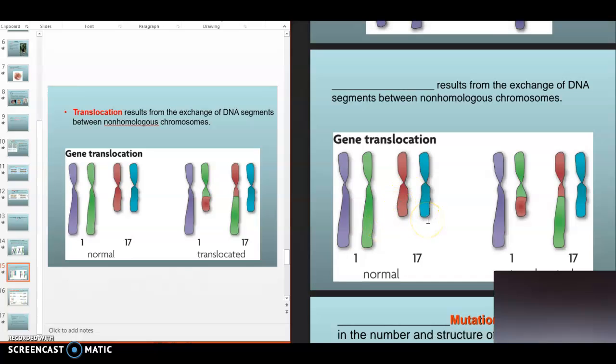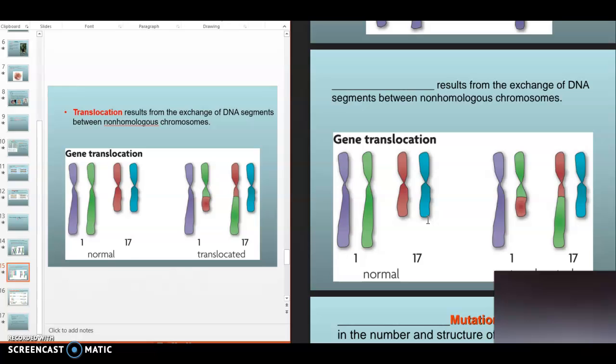The problem is you're going to have material that is in the wrong place. So when the female's chromosome matches up with the male's chromosome, number 1 should match up with number 1, and number 17 should match up with number 17.